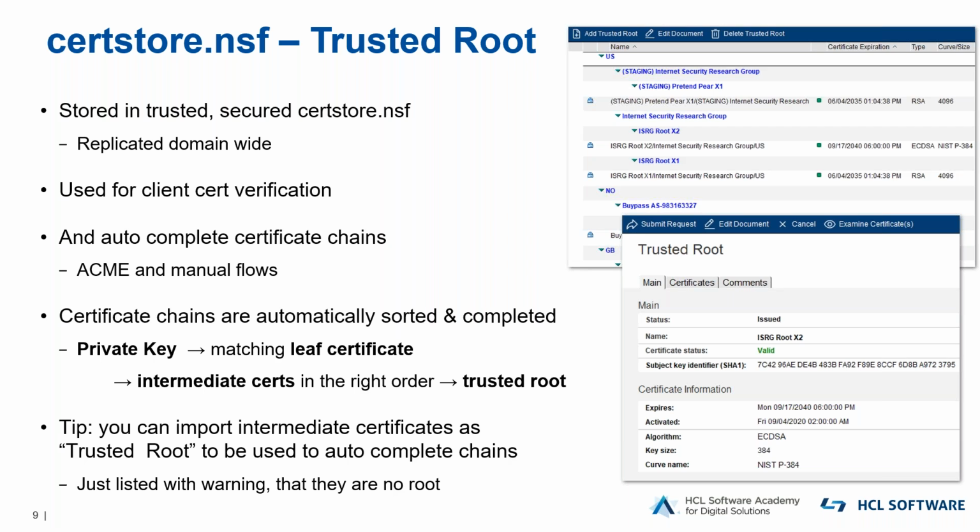And not only that, if you import a certificate and you paste too much data into it, or you place it in a different order, it will ignore all certificates not needed, and it will place all the certificates in the right order. So you don't have to care about the order of the certificates anymore on your own.